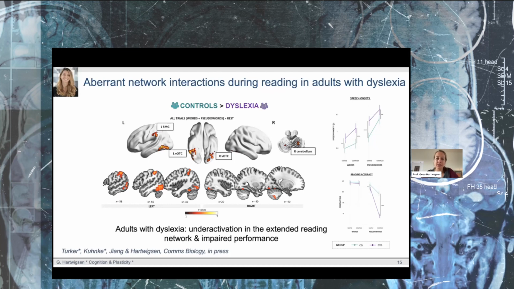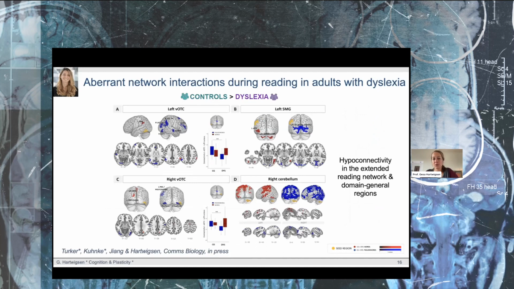What does that mean? They show less activation in classical reading areas of the left hemisphere, like the left supramarginal or ventral occipitotemporal cortex, but also the right VOTC and the right cerebellum. So during the same task, they have less activity. Also, this is nicely in line with the previous literature.